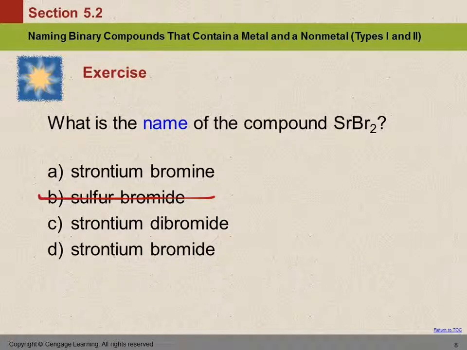Strontium, and we know that Br is bromine, but this is an ionic compound, isn't it? Strontium's a metal. It's way on the left side of the periodic table. This is a metal, and so bromine has to change its name to bromide, so A isn't going to work. And C has a prefix in here. We don't need that prefix. And so that's not the correct answer. The correct answer is D.